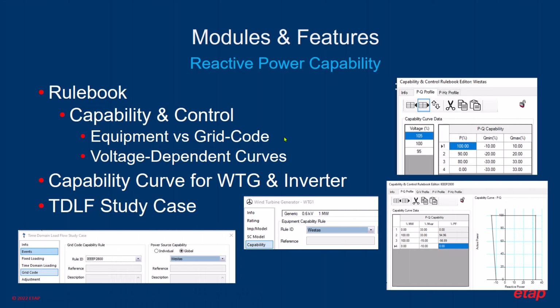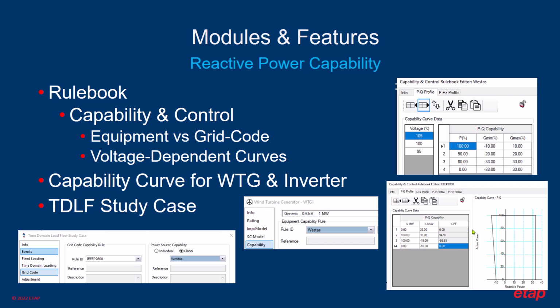Most of the grid codes mandate certain reactive power capability by power plants, whether renewable or conventional, when they interconnect to the system. In ETAP, the reactive power capability or PQ capability can be entered in the rulebook for assets, as we will see.